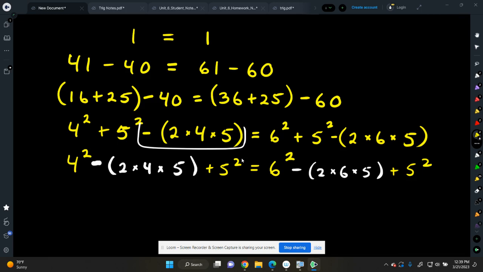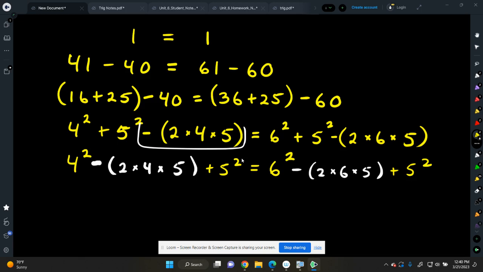Okay. Why do I keep losing track of where I am? What did I just do? I just moved that over. What else could I do? Because I want to prove that 2 is equal to 3.